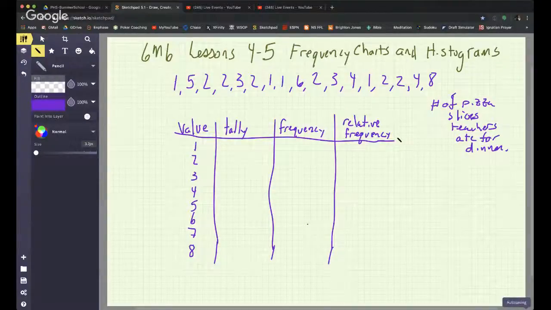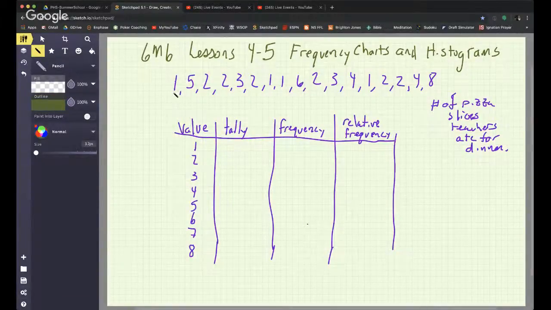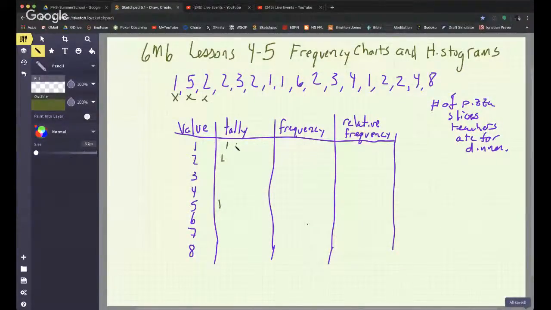Then we go down the line, and remember how we did it last time? We kind of did 3 at a time, because it's just faster. A 1, a 5, and a 2. A 2, a 3, and a 2. All we're doing is tallying these numbers.